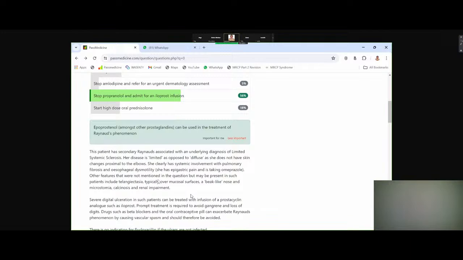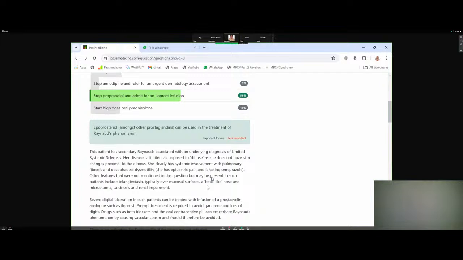Other features that were not mentioned in the question but may be present in such patients include telangiectasia, typically over mucosal surfaces, a beak-like nose, microstomia, calcinosis, and renal impairment.